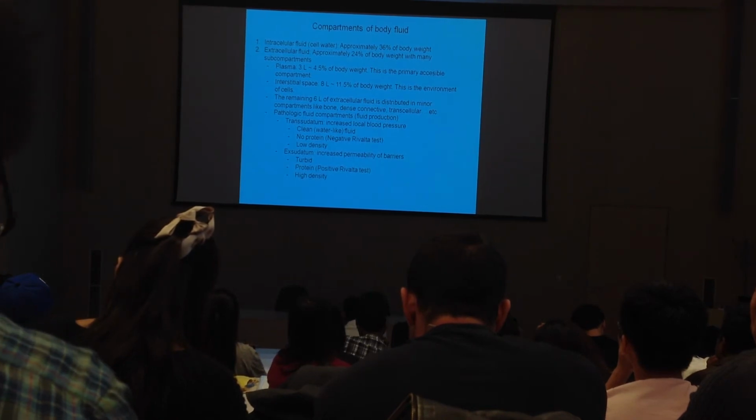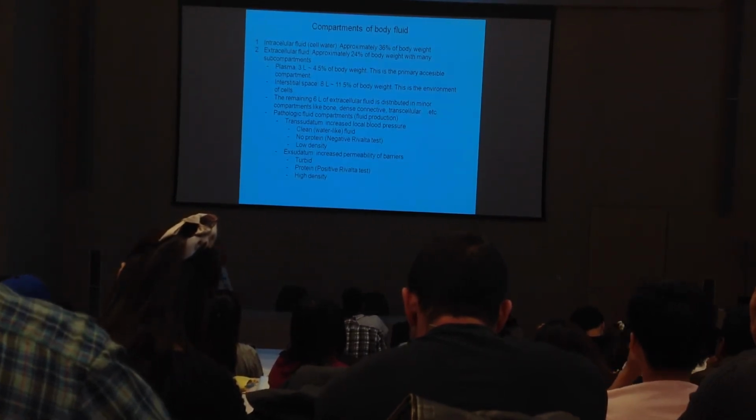Interstitial space. This is the most difficult to define because this subcompartment does not have a barrier. The plasma water is the total water content located in the vascular bed, in the vessels.